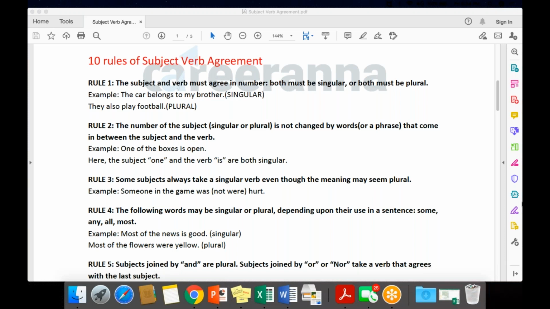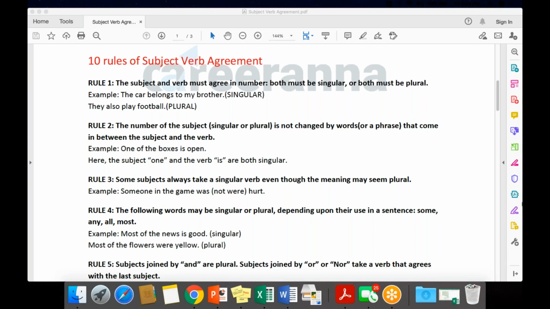This is all true for all these words where I don't know the count, because when I say some of the news or some of the flowers, I don't know the count. If I say any of the news or any of the flowers, I don't know the count. When I don't know the count because of the words like some, any, almost, I will go by the count of the word which is connected with them.